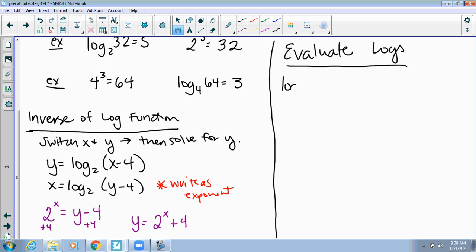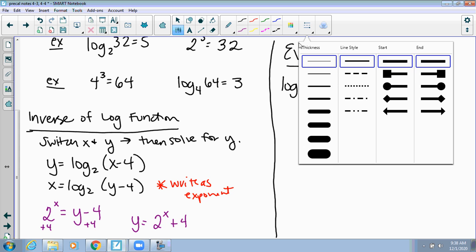So if I have log base 3 of 9, I'm trying to figure out 3 to what power gives me 9. That's what's going on in my head. 3 to what power is equal to 9? And I know that 3 to the second power is equal to 9. So 3 to the second is equal to this. So you're always looking for what power should go there.